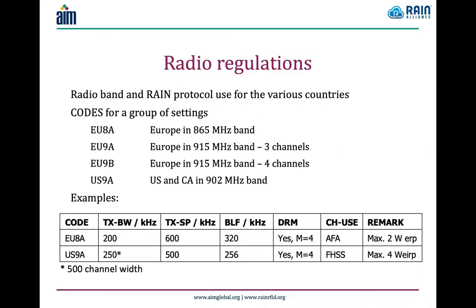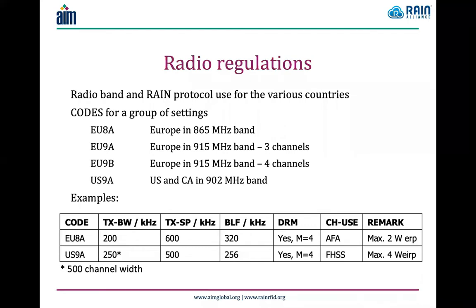Then we have the US band, and here, for instance, US and Canada use the same 902 megahertz band, and they have the same setting, although the legal background behind using this frequency band is different.